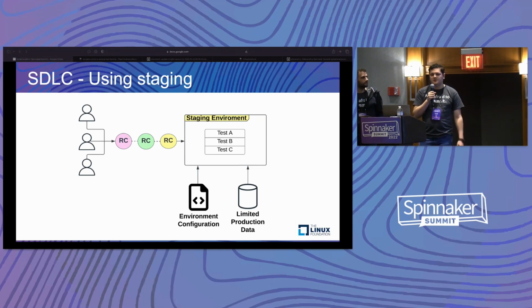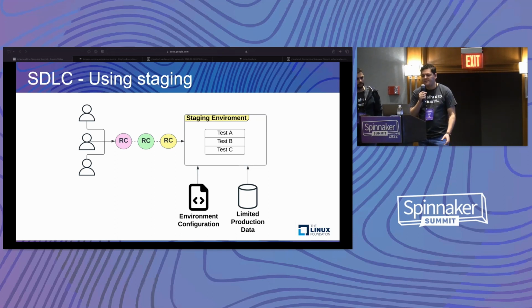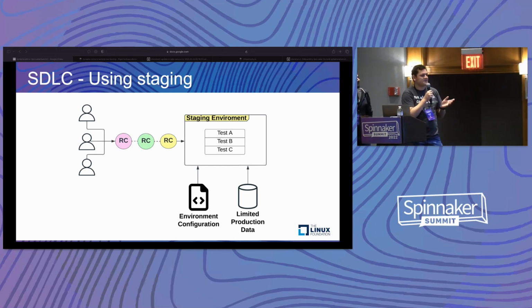Every new feature that is deployed one by one in the staging environment has its own environment configuration and limited production data. Once the feature is deployed, we run a series of tests to validate the functionality is not broken.